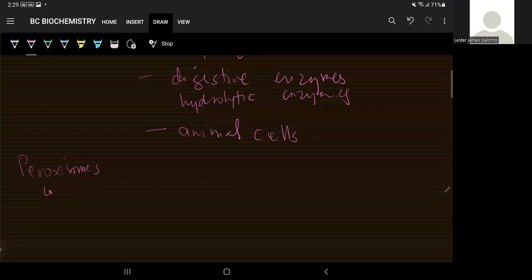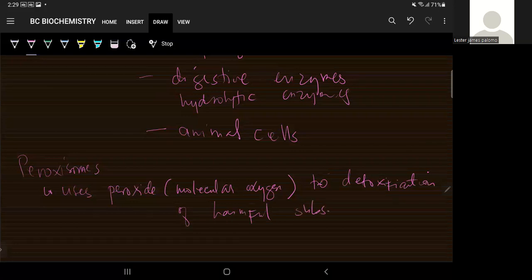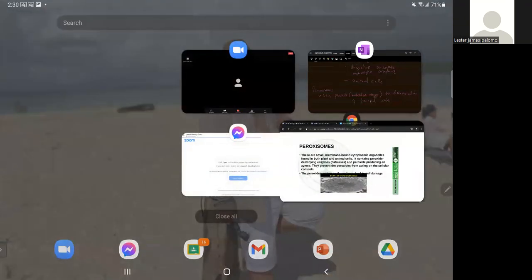Peroxisome is that it uses peroxide, which is a molecular oxygen siya, to detoxify. For detoxification purposes, particularly of harmful substances that might enter the cell. Okay? So yan yung purpose ni peroxisome. Do you get me? Nakuha ba guys?